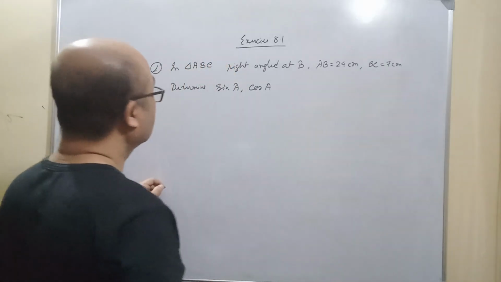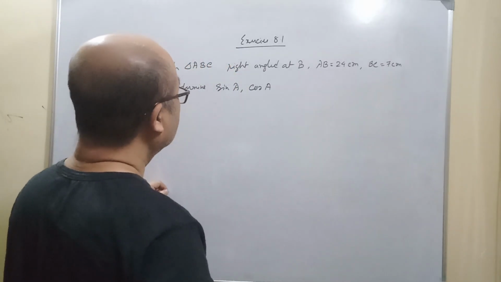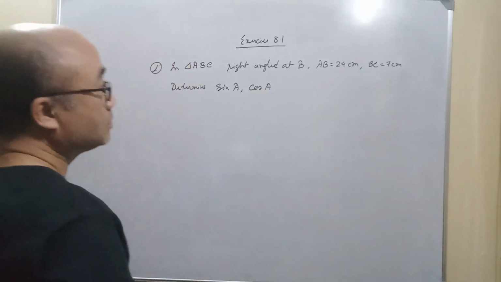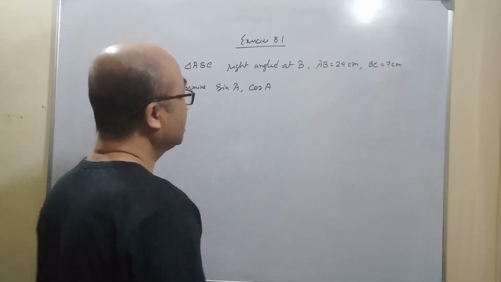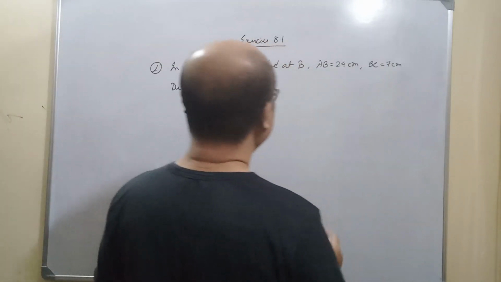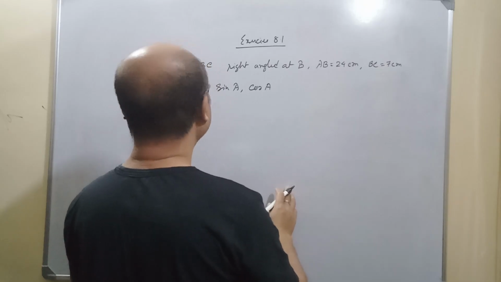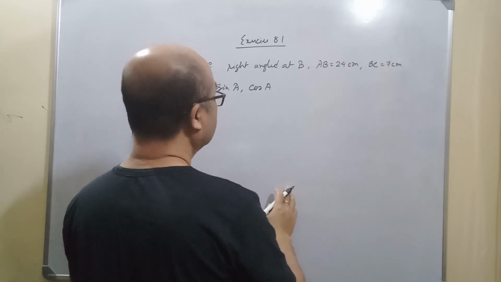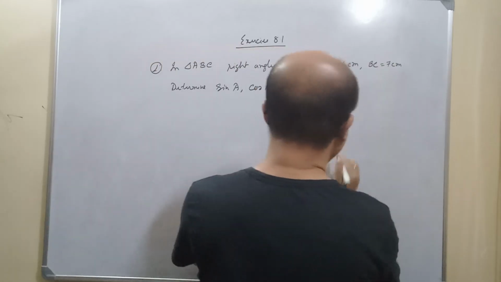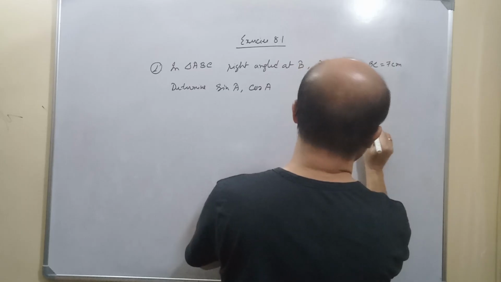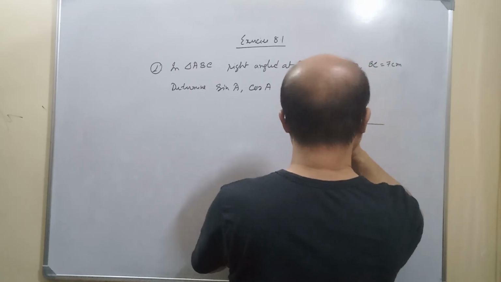Okay. So in ABC, right angle at B. So we need a right angled triangle. Right angle at B. AB is 24, BC is 7 cm. Determine sin A, cos A. Okay. So there is a right angle triangle like this.